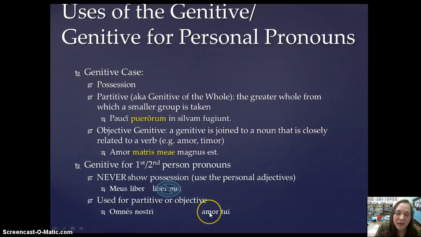Or if I want to say my love for you, and again, this is the objective genitive associated with the amor. Or I could be talking about the timor, my fear of you. And that's actually a nice counterpart because again, the objective genitive can sometimes translate for, amor tui, love for you, but it can sometimes translate of you, like if this were timor, my fear of you.